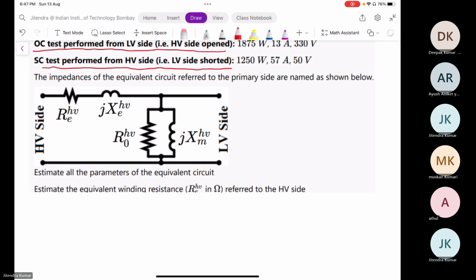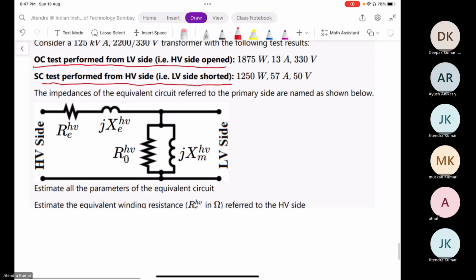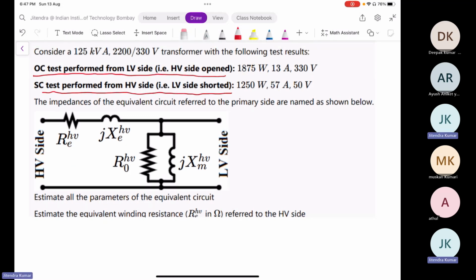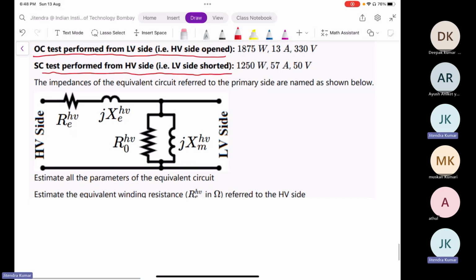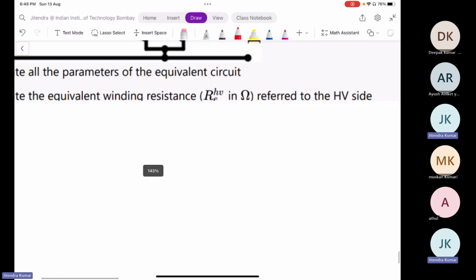So the SC test is performed on the LV side, short circuited, right? We cannot short the HV side for the short circuit test, and the OC test we can perform with low voltage on the LV side. So if we need to find out all the equivalent parameters, from the short circuit test, let us compute resistance and all the parameters.